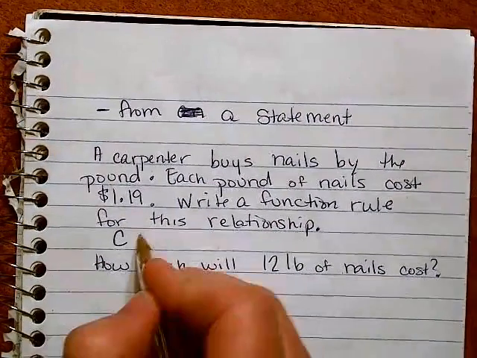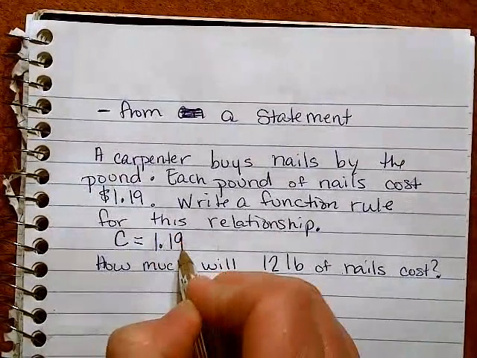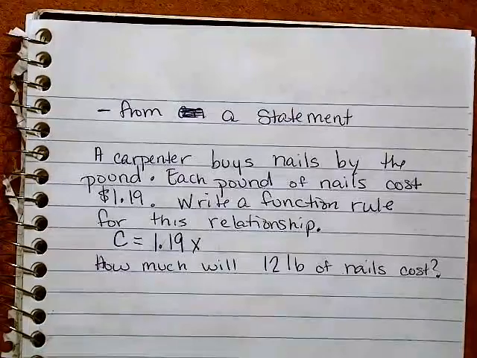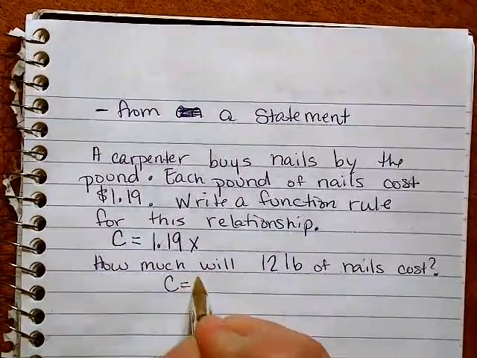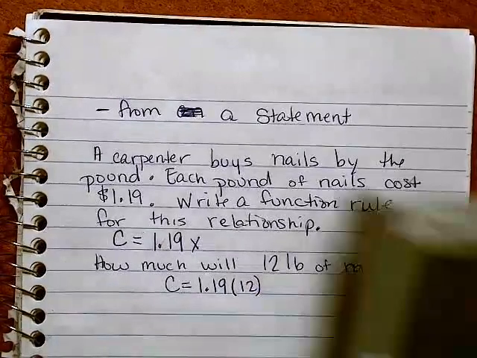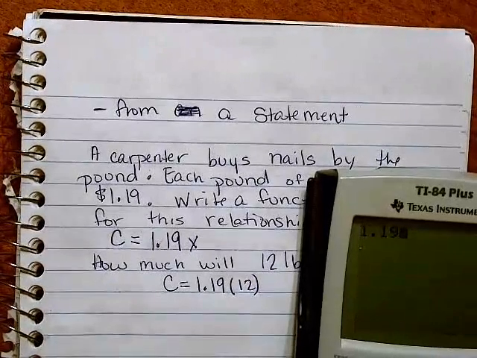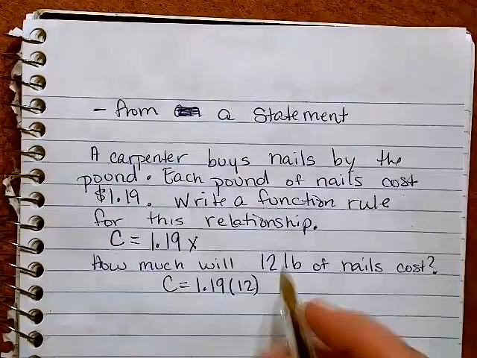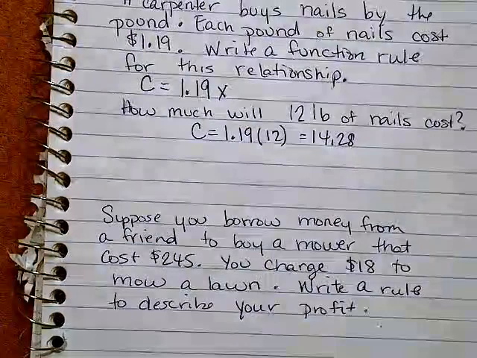So C is equal to $1.19 per pound, where x is the number of pounds. So how much will 12 pounds cost? I need to multiply $1.19 by 12. And it gives me $14.28.